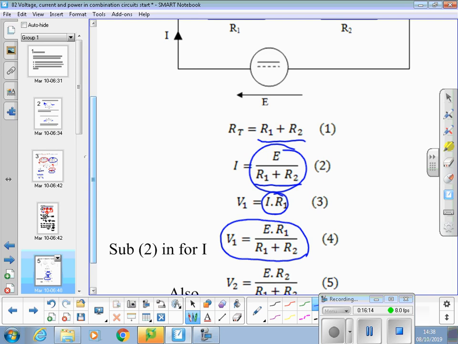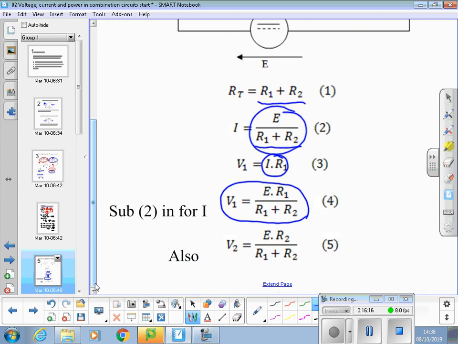And equally, for V2, same formula except that's R2 instead of R1. Either way, if you're given a problem, unless you're specifically asked to use the voltage divider rule, if you're more comfortable doing the individual calculations and you lay it out properly in an assignment and say what you're doing, no problem with either way.